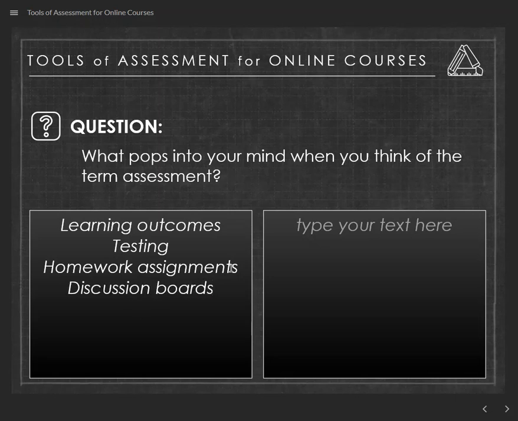Do you have a favorite type of assessment? Papers. Oh, I love to read papers. Any other thoughts about the term assessment?